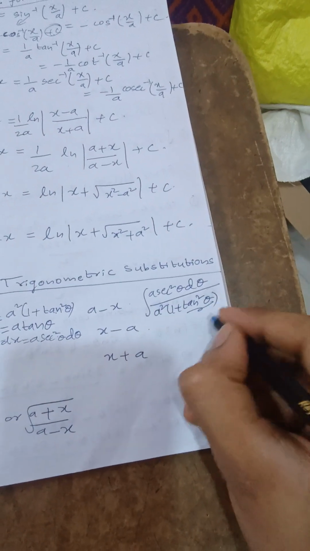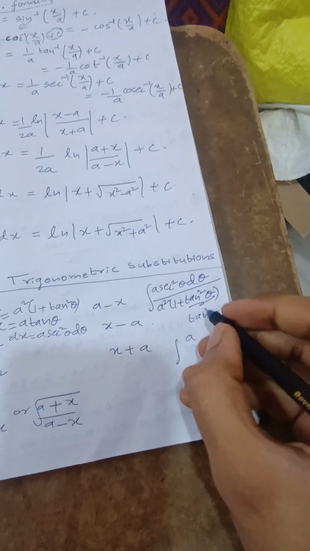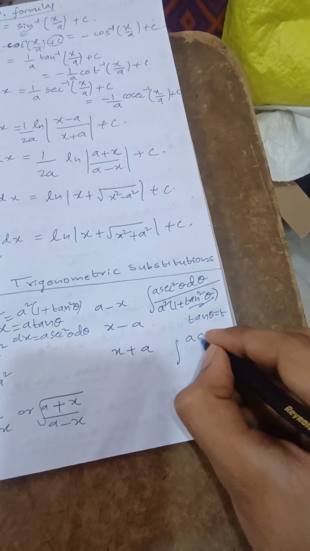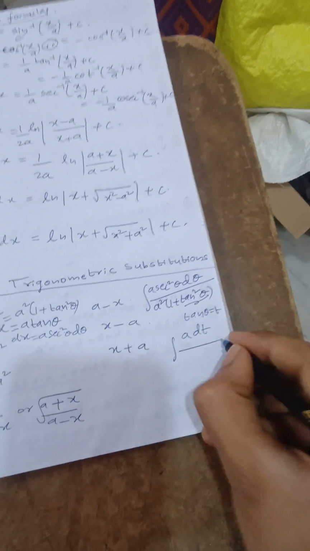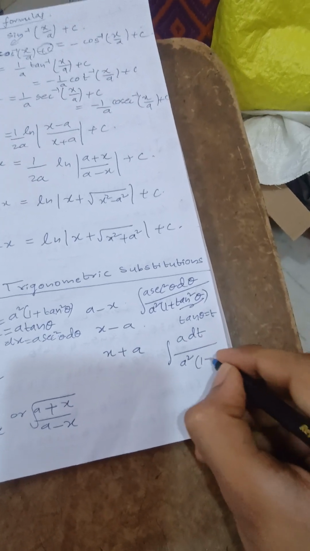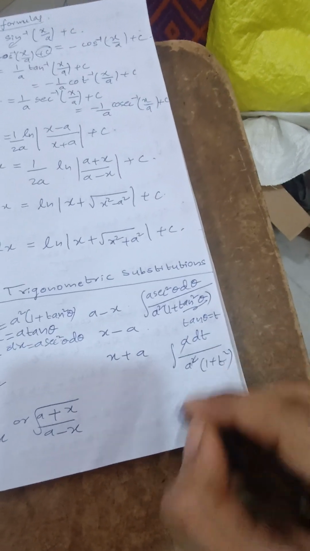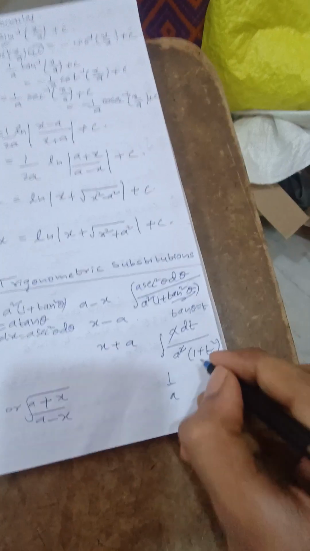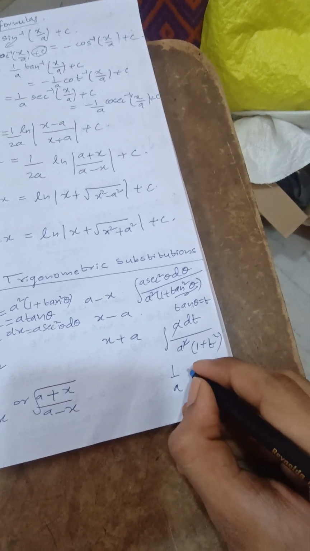So if you take tan theta as t, dt is nothing but secant square theta d theta by a square of 1 plus t square. So this a and this a get cancelled. So we will get 1 by a, integration of 1 by x square plus a square.